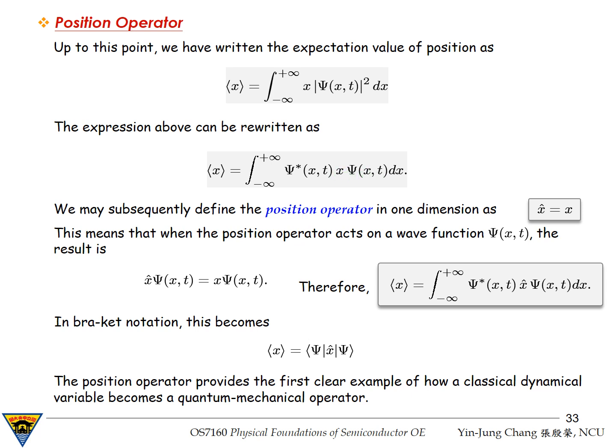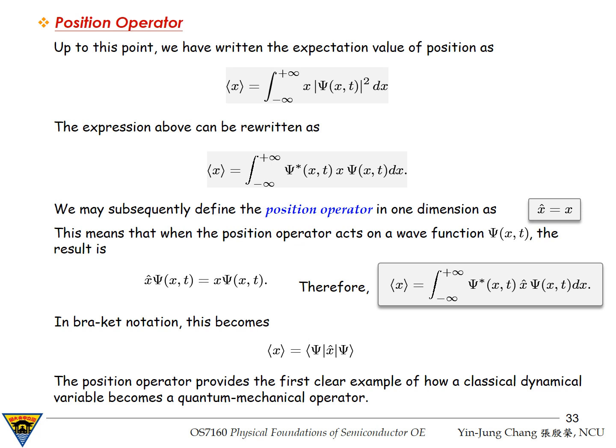We may then define the position operator in one dimension as x hat equals x. This means that when the position operator acts on a wave function psi, the result is simply x times the wave function psi itself.